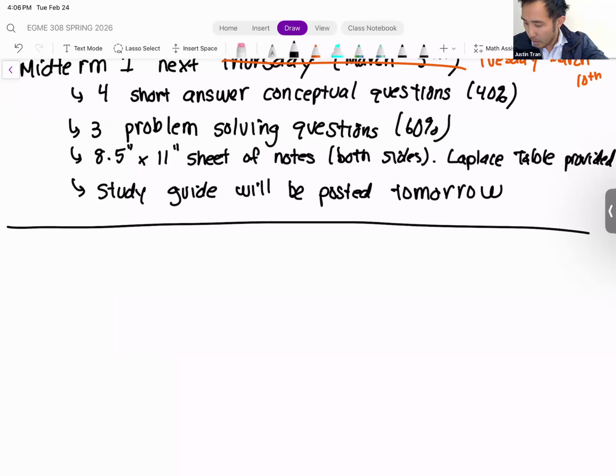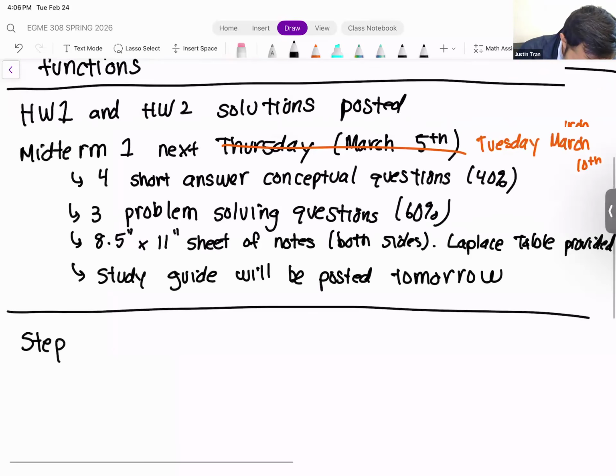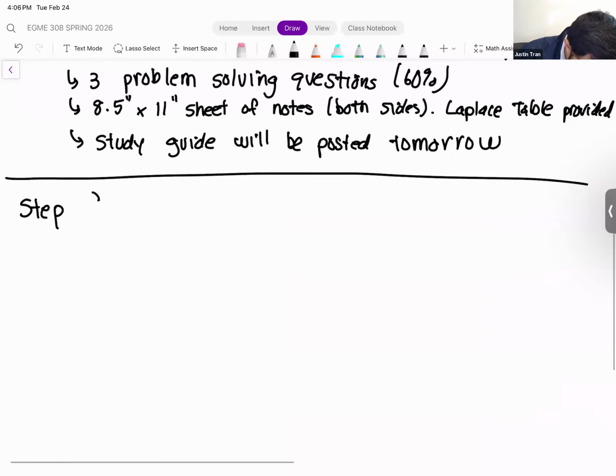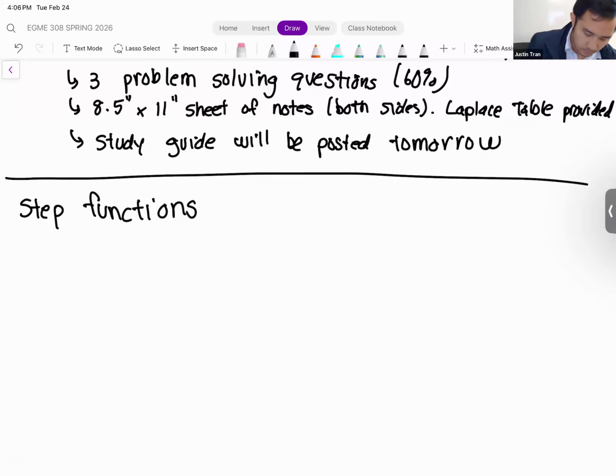Okay, so where we left off, or what we were talking about last Thursday, was step and impulse functions. Or I guess specifically, we have only gone over step functions so far. Just to refresh your memory, a step function is essentially a function with a discontinuous step, and it goes from 0 to 1.